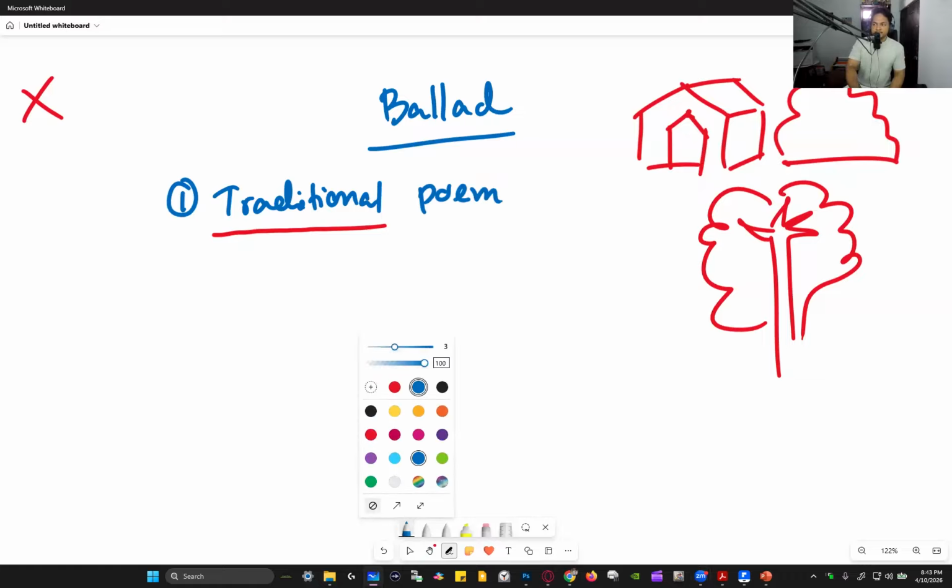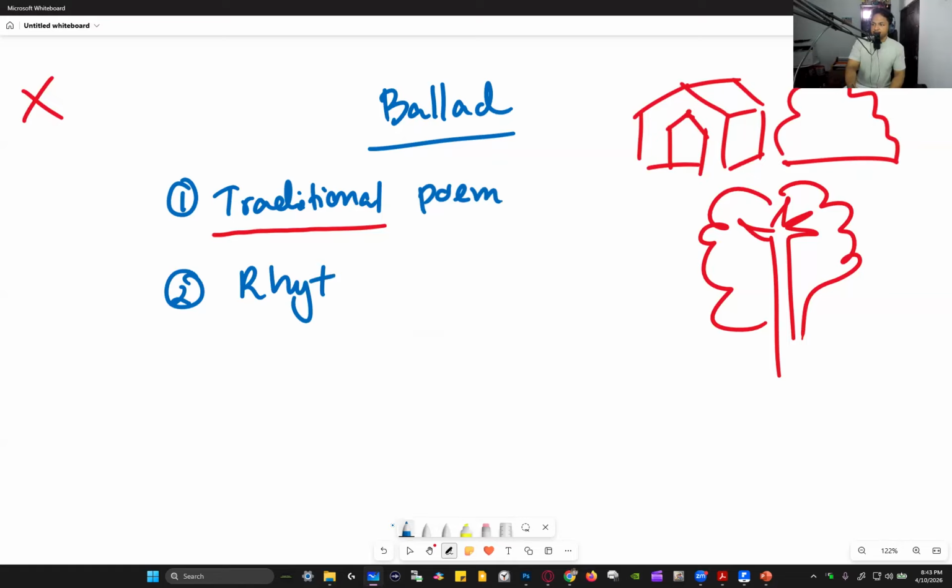Traditional poem, it must have a rhythm. For example, Farewell to barn and stack and tree.